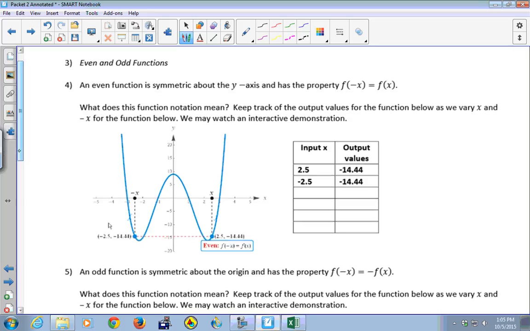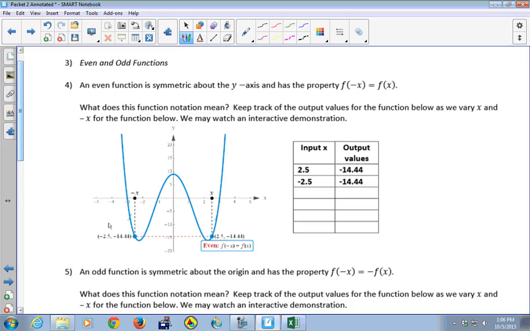All right, even and odd functions. An even function is symmetric about the y-axis. Symmetry about the y-axis looks like a mirror. Then your function has this property that when you plug in an x and you plug in the opposite of that x, you get the same y value. That's what it means.